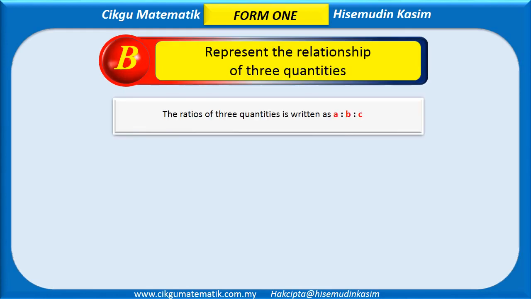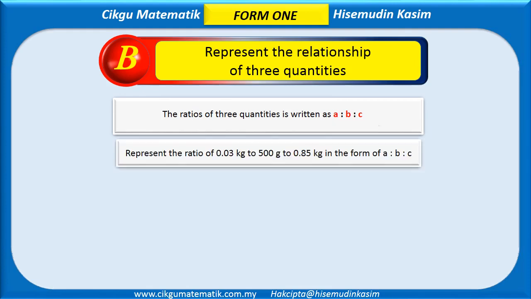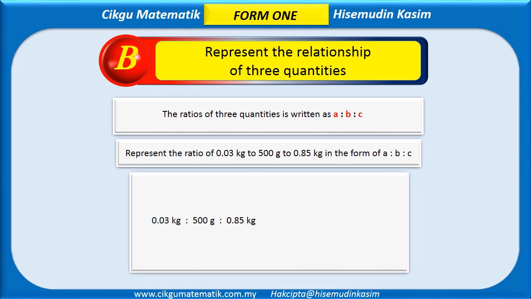The ratio of three quantities is written as the ratio of A to B to C. Represent the ratio of 0.03 kg to 500 g to 0.85 kg in the form of the ratio of A to B to C.